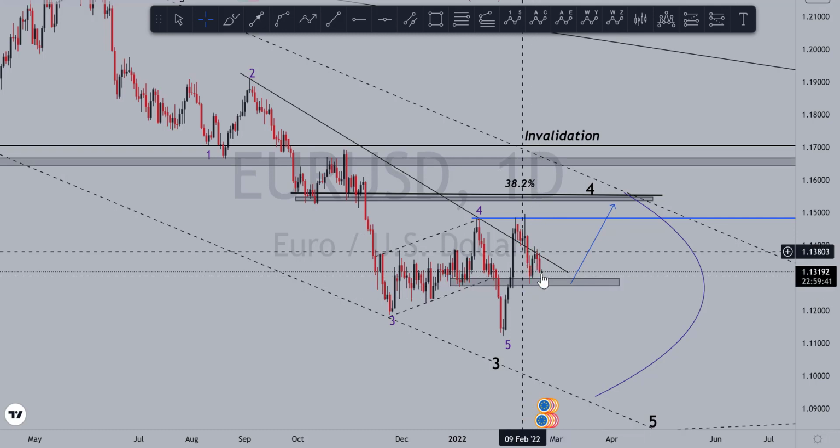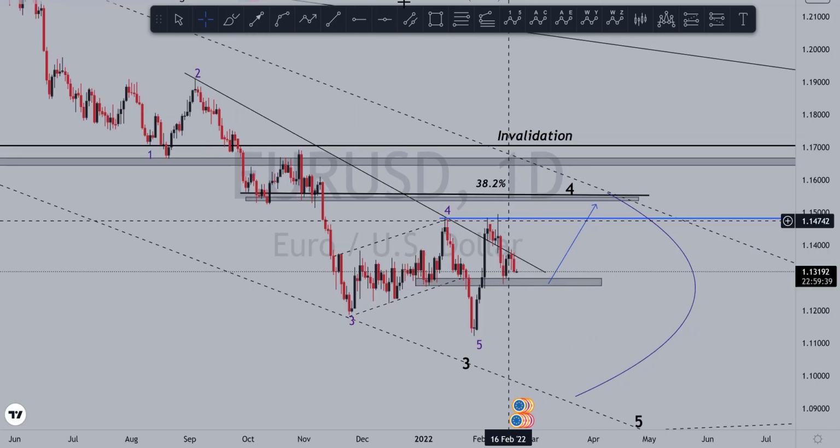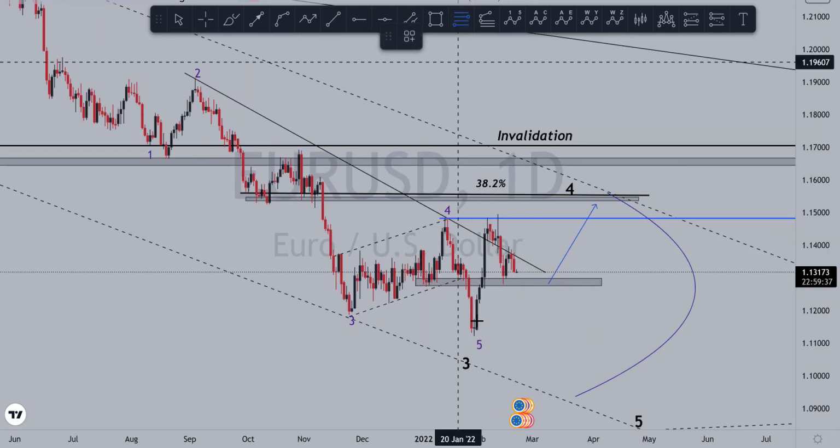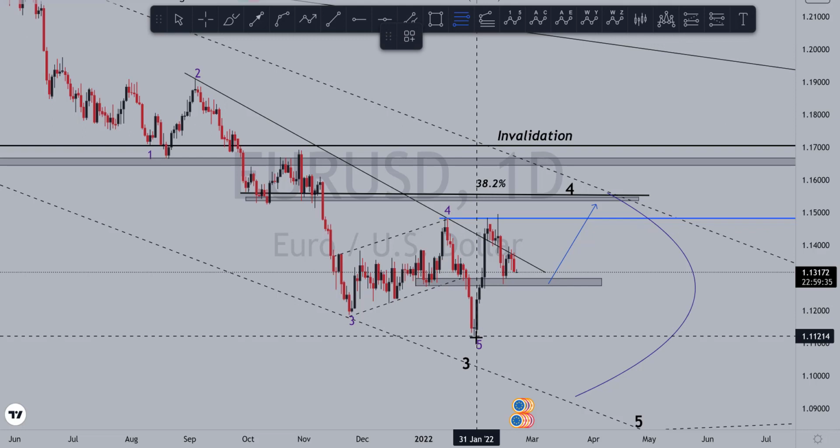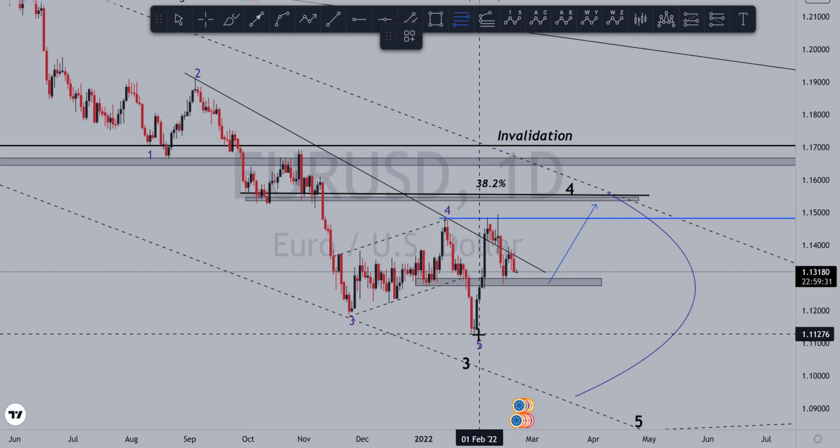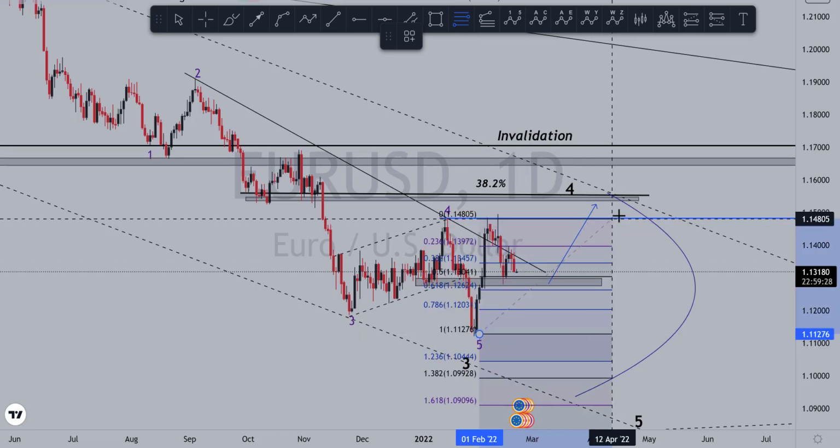And this is what has been happening. So what am I expecting? I'm expecting this pair to keep on pushing to the downside up until that area of that order block there that I've just reflected.